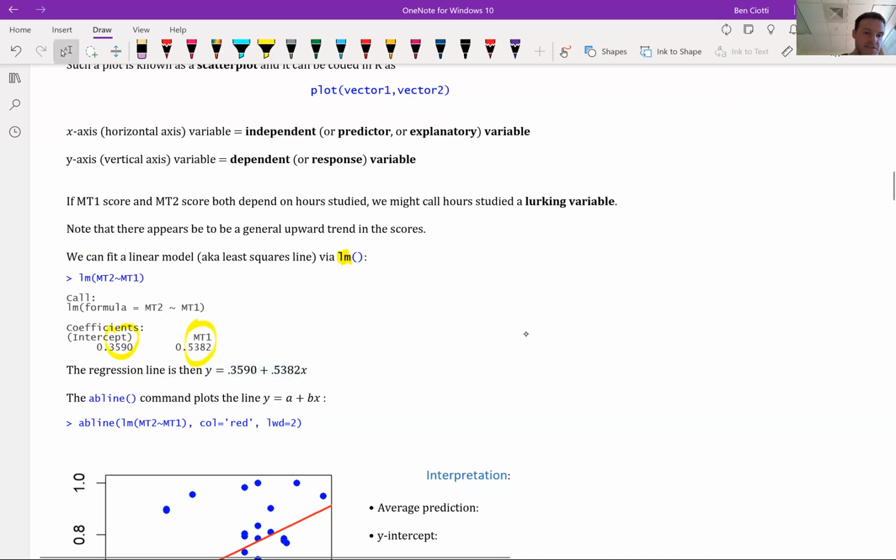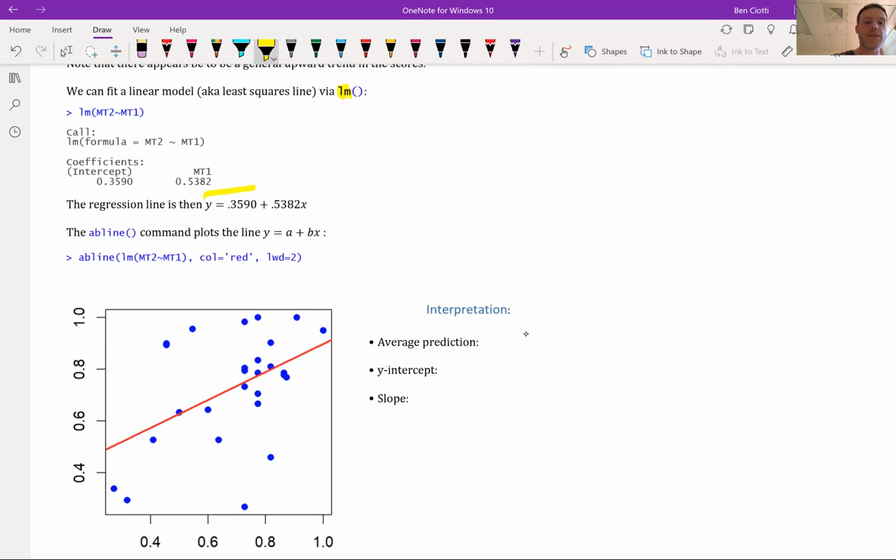This is the slope, this is the intercept, and I can overlay this line on the scatter plot with the abline command. In fact, you can even just stick the model directly into the abline command. So doing so, we see our so-called regression line, our line of best fit. Now, in the next lecture, I'll explain exactly how we define best fit for least squares. For now, just know that it fits the data in some sense.